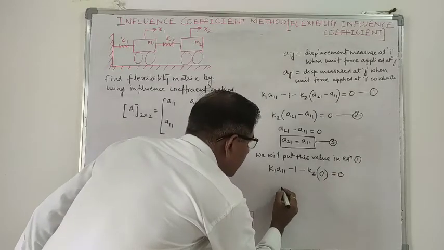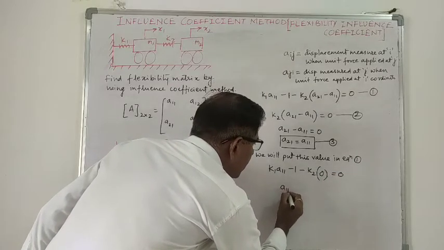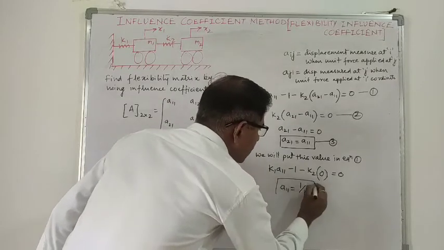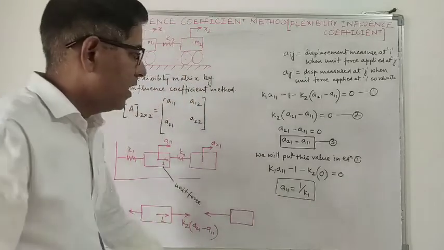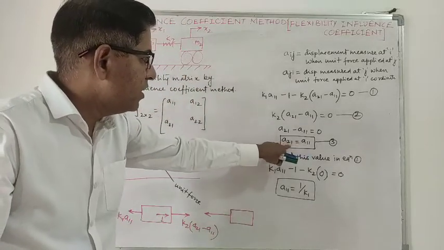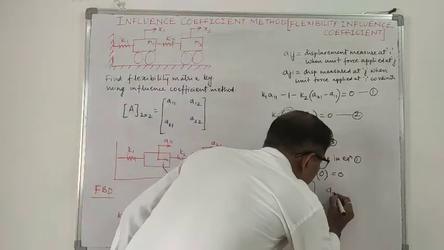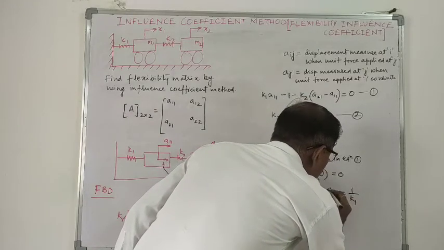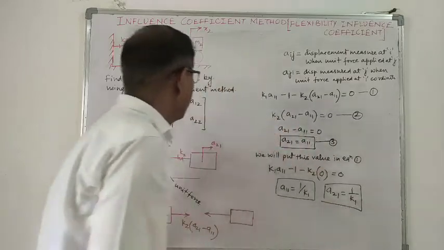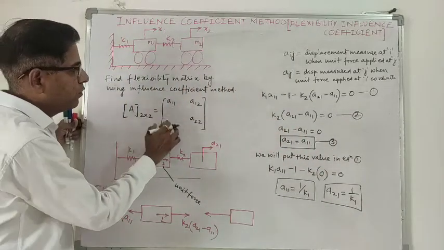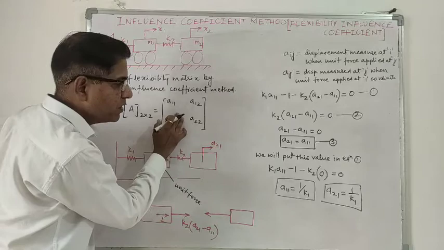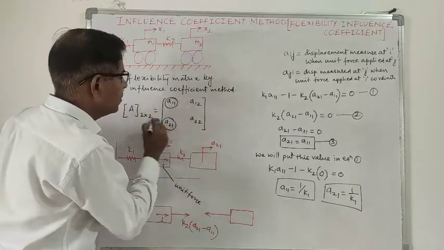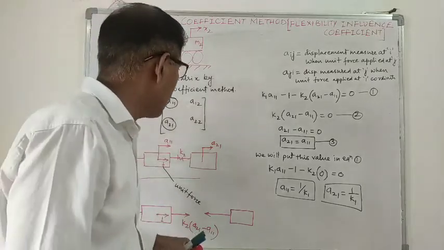That means A11 is equal to 1 upon K1. So this is the first value that we have obtained, and we know that A11 is A21, so A21 is equal to 1 upon K1. So out of the 4 we have obtained the 2 coefficients, that is A11 and A21.